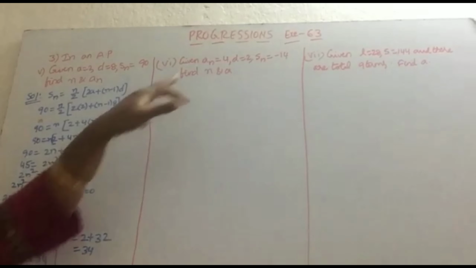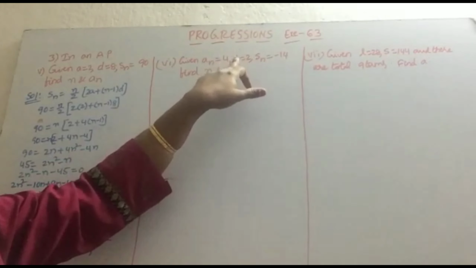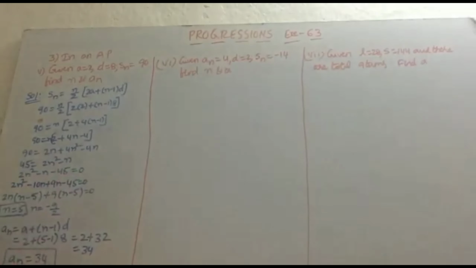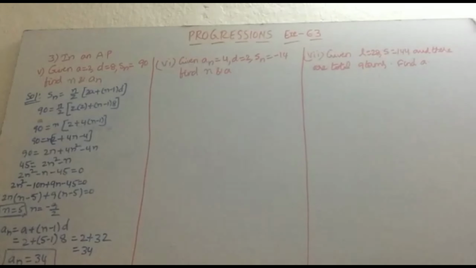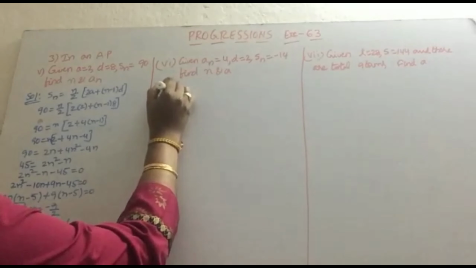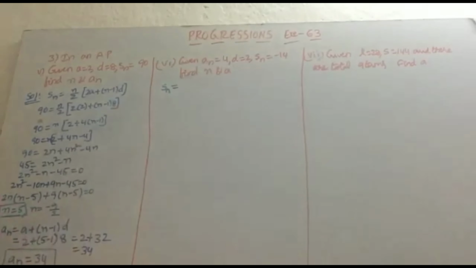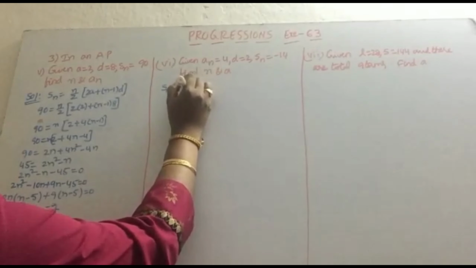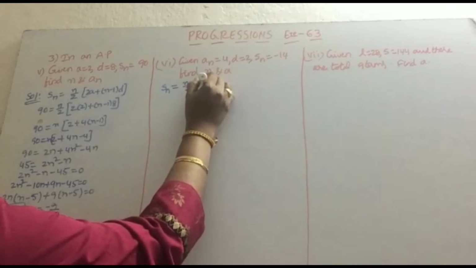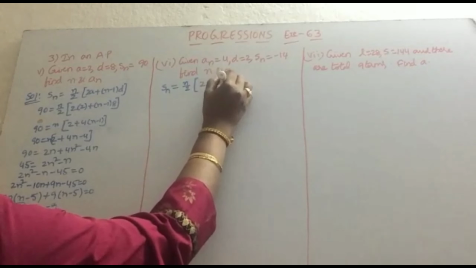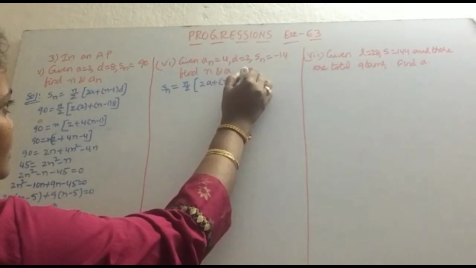And next, an equal to 4, d equal to 2, Sn equal to minus 14. Find n and a. So Sn is equal to n by 2 into (2a plus (n minus 1) into d).